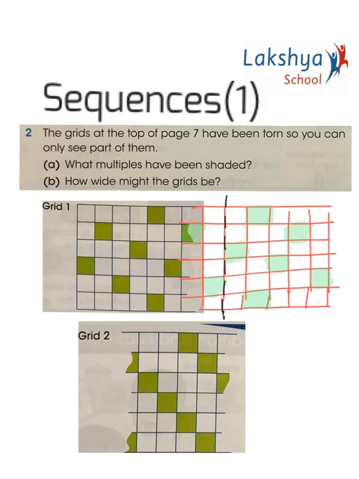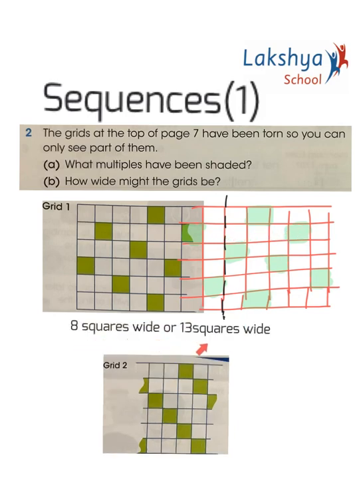Just observe the pattern shaded over here. So, fifth, 10, then 1, 2, 3, 4, 5. So it could be 8 squares wide or 13 squares wide.